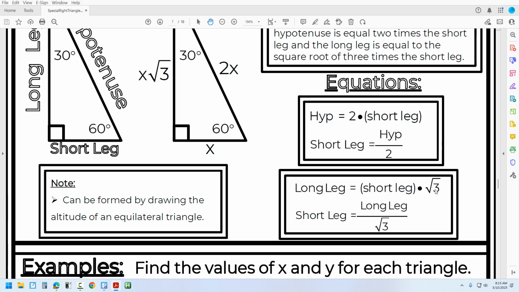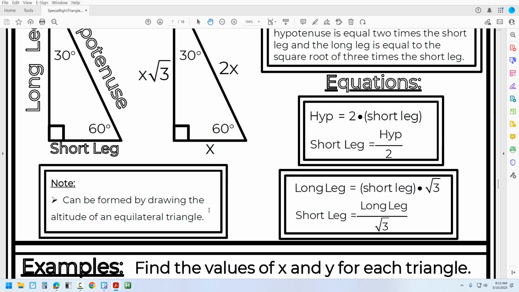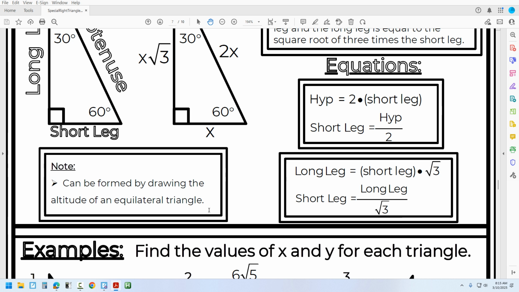Like if you had to multiply something by the square root of 3, let's say 2 times the square root of 3, a lot of times we're just going to leave it just like that. We don't even write what that would be as a decimal. Just leave it. Okay. And then the last formula, it says the short leg is the long leg divided by the square root of 3. Okay, so you don't have to memorize any of them. As long as you got them written down, just look back at them when you're doing the problems from the week.